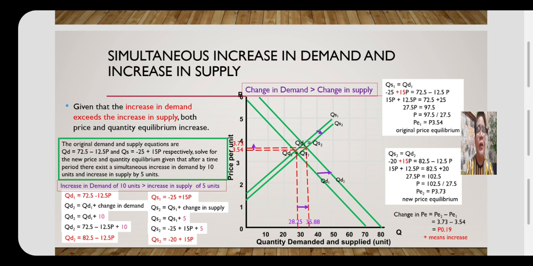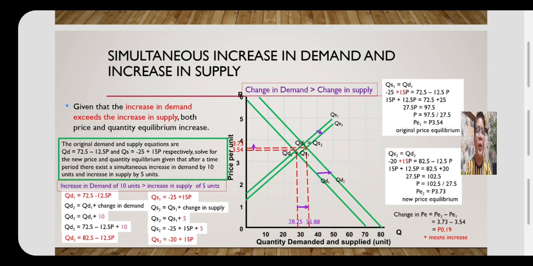That is, the original supply equation is given by negative 25 plus 15p. And the change in supply is an increase in supply by 5 units. Therefore, the new supply equation can now be stated as equal to QS sub 1 plus 5.